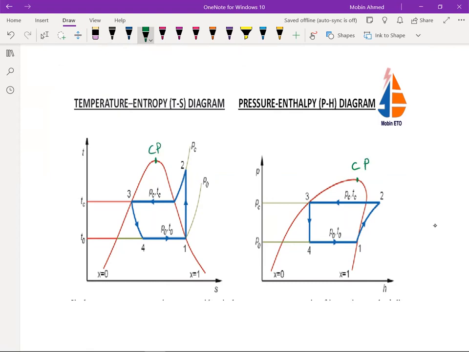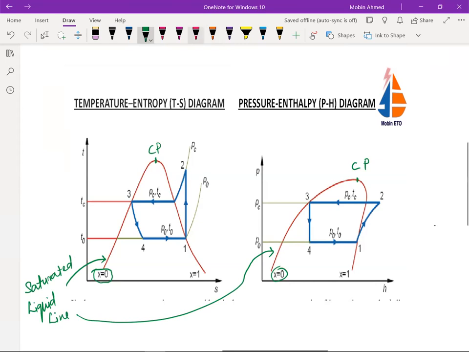The critical point, CP. This side from the CP to x0, can you see here x is equal to 0? Here also x is equal to 0. This is known as a saturated liquid line. Same you see here also.